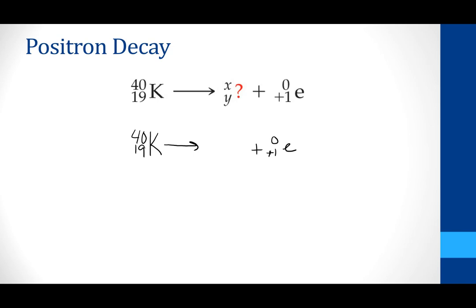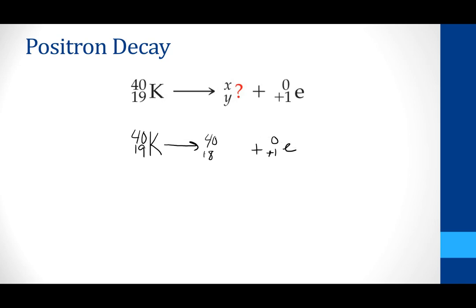So what do we know about positron decay? The mass number does not change, so the mass number is still 40. In positron decay, a proton becomes a neutron. So we use up one of these 19 protons, and that number is going to go down to 18. And that's where we see it written over here.